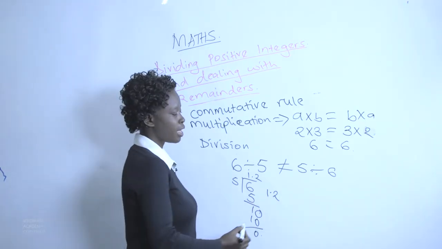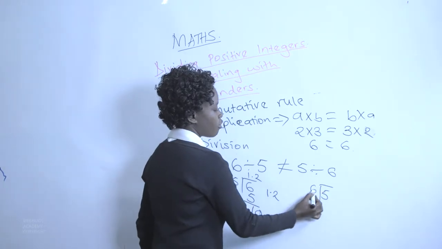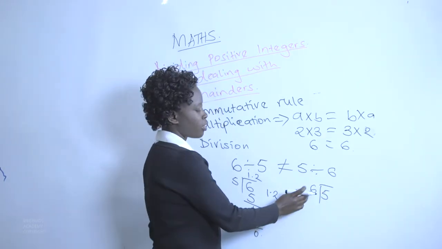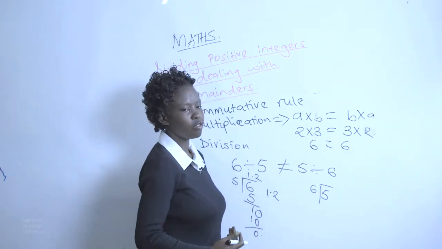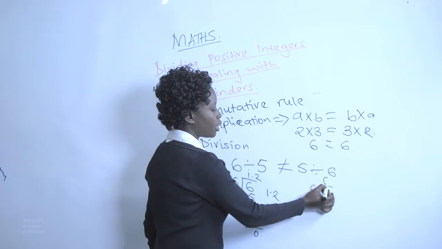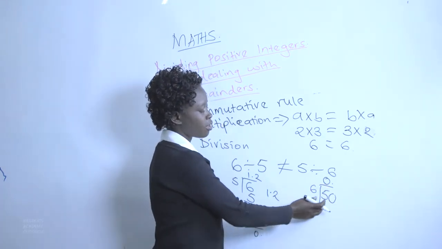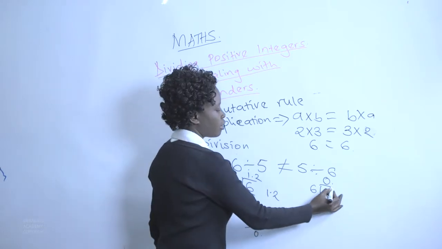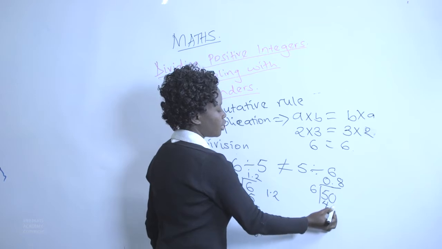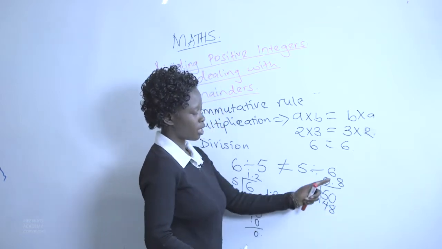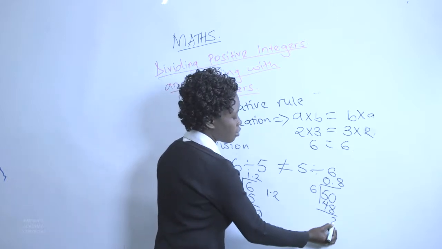But on the other side, I have 5 divided by 6. When I have 5 divided by 6, you find that 6 cannot go into 5. It cannot divide 5 fully. So what do we do? We write a 0 and place a decimal point, then add 0 on 5. 6 into 50 is 8 because 8 times 6, you get 48. 50 minus 48 is 2.